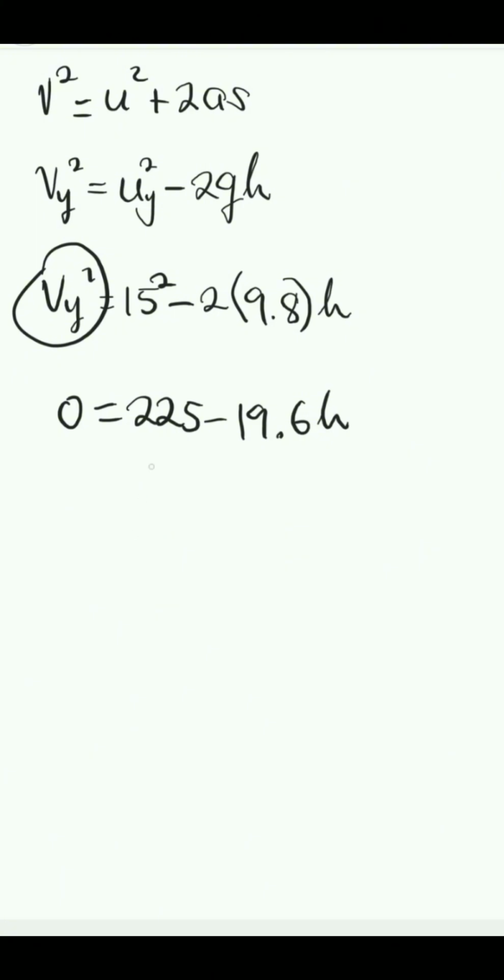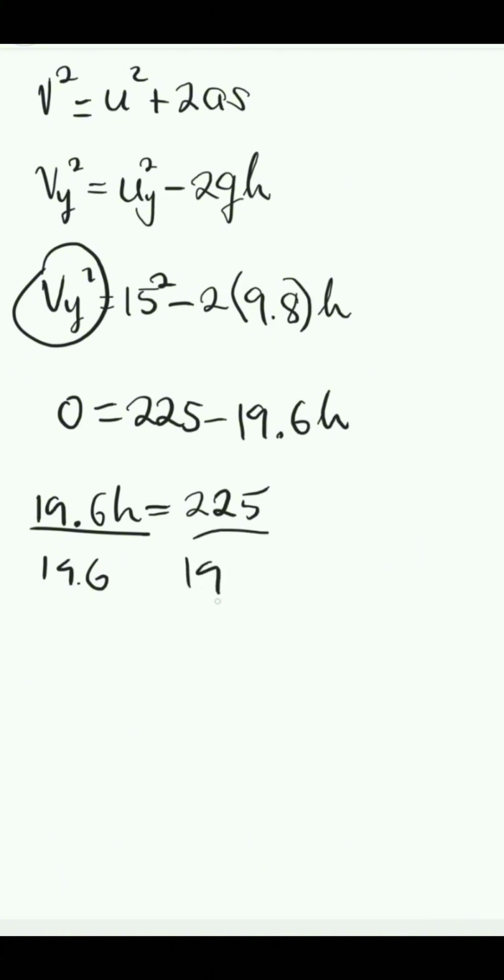So the negative 19.6 h will go to the other side, where it becomes positive. So this therefore gives us 19.6 h equal to 225. Then we divide both sides by 19.6, giving us h equal to 11.48.